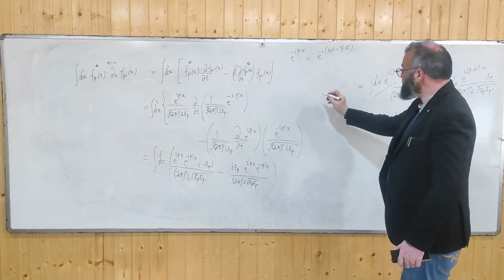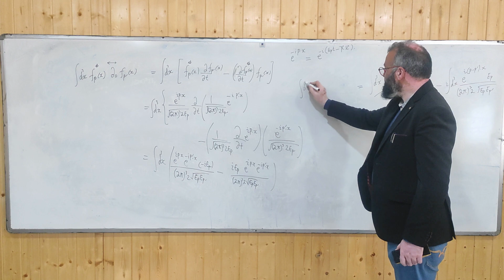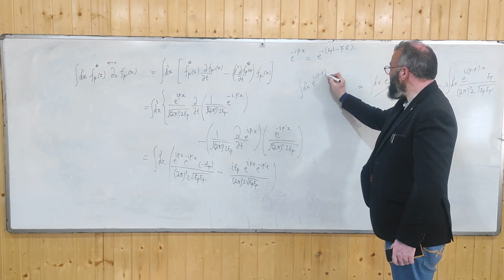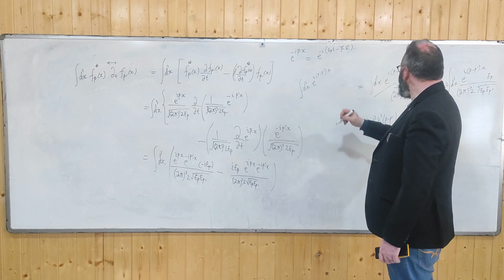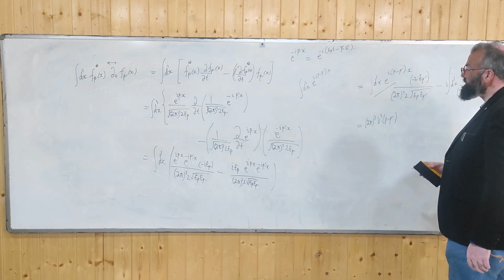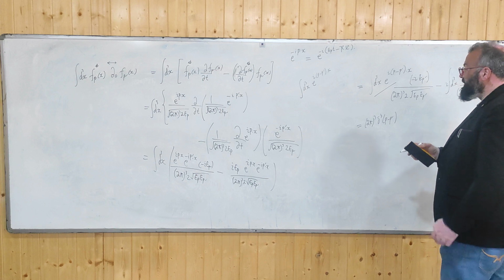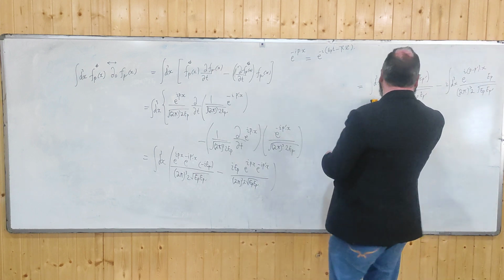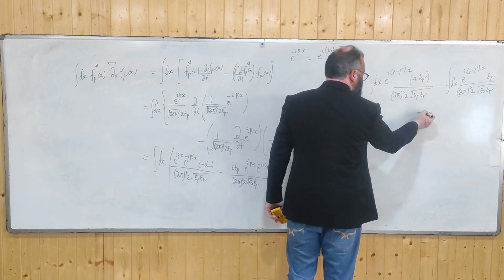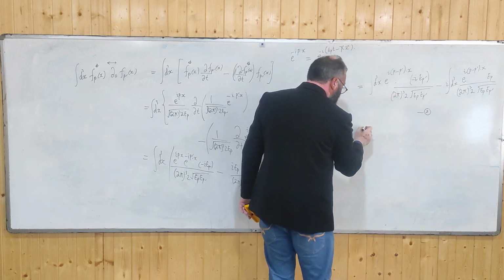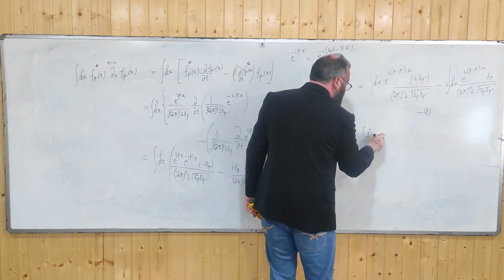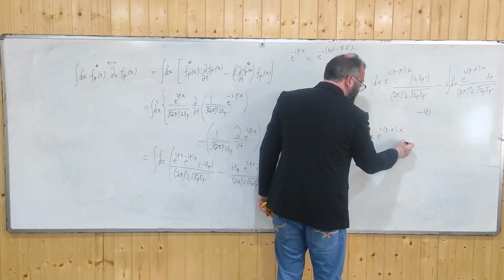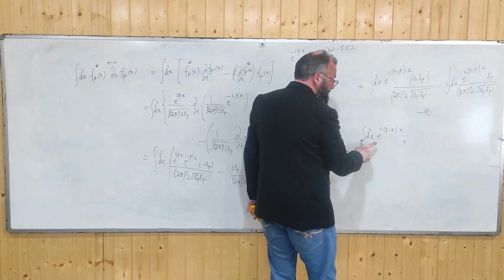So you are having d3x e raised to i(p minus p prime)·x, okay, sorry, I should write it in this way. Okay, so let me rewrite this very integral. So let's call this equation third. Let's rewrite this thing. So this is d3x e raised to i. You have to be very careful because these are 4-vectors, and the integration is over only the spatial coordinates.